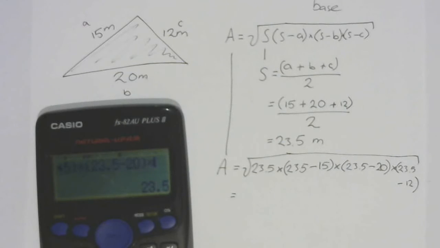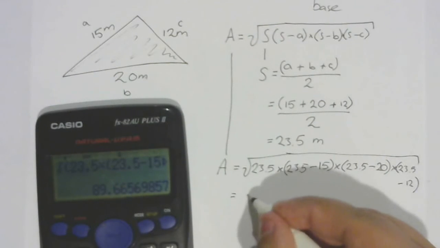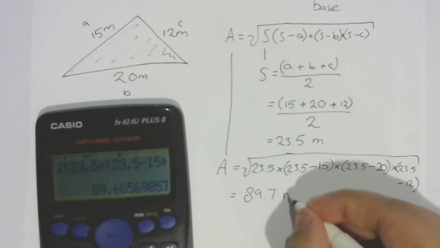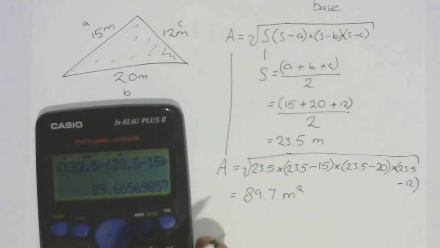And just make sure that you don't miss out on any of those brackets. And we need to close all of this off with another bracket, which is the square root bracket. 89, we'll round that to 7 meters squared for area.